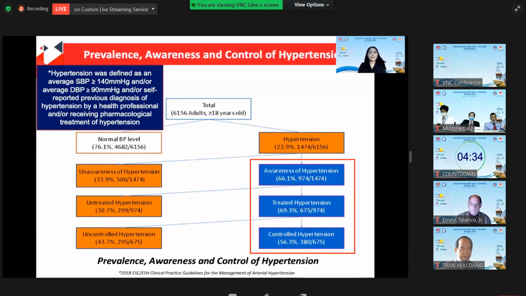And among the hypertensive group, just about 1,000 people had a previous diagnosis of hypertension, corresponding to 66.1%. The proportion on treatment is nearly 70% among the participants who were aware of their condition, and less than 60% of them were successfully controlled.